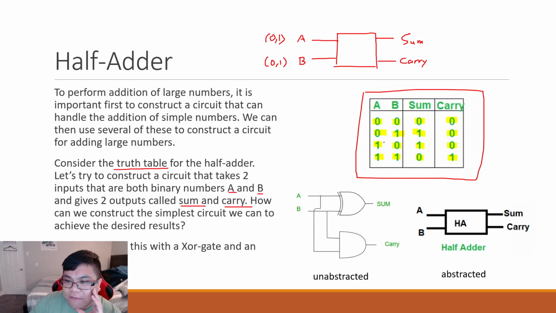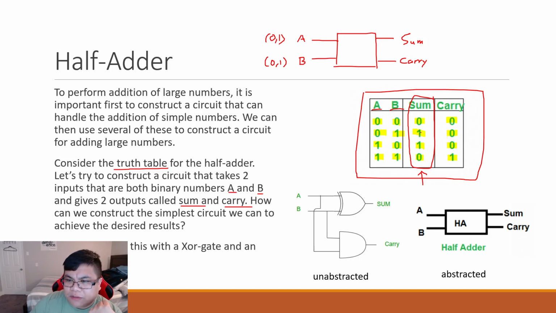So we have, looking at only sum here, and our two inputs A and B. What does this behavior represent to you? So it looks like we want sum to be equal to 0 if A and B are 0.